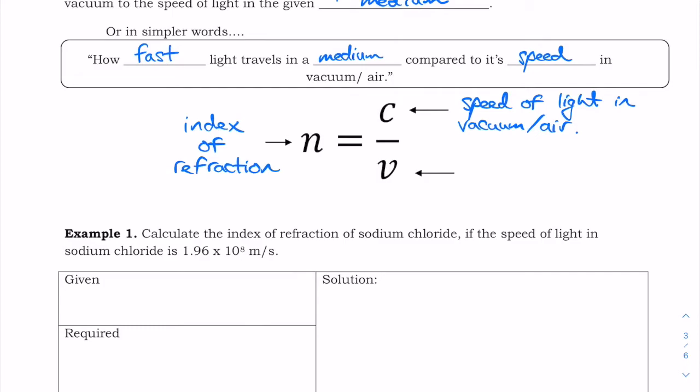Okay, and we looked at this earlier. It was 300 million meters per second, or 3.0 times 10 to the 8 meters per second, divided by v, which represents the speed of light in a medium.